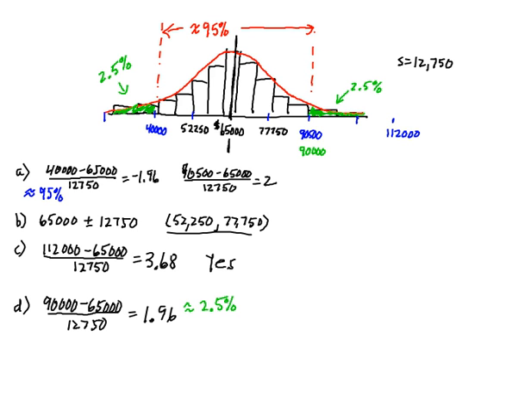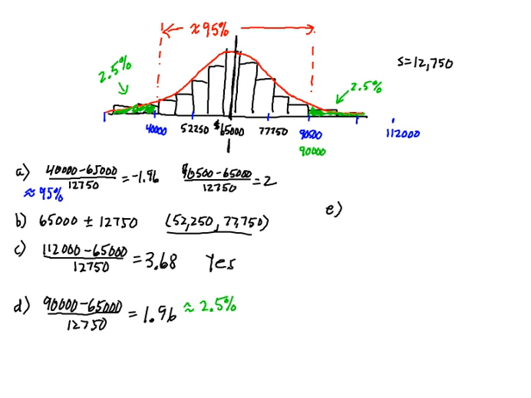Now part E, 16% of the homes will be priced under what value? Again, going back to the empirical rule, which is pretty much all I have here, 68% would be within 1, 95% would be within 2, almost all would be within 3.